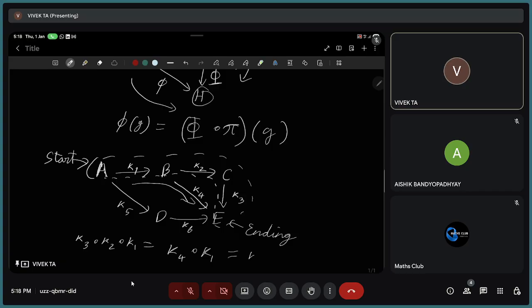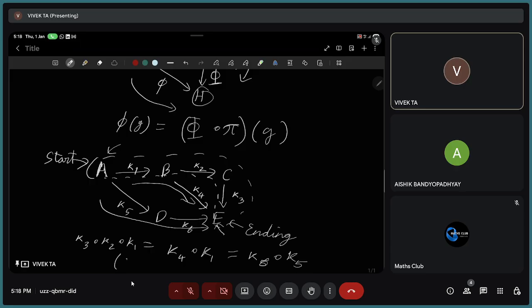And this should also be equal to K6 composed with K5, which is this path. So essentially, whatever path you take, it should give you the same value for a given input. The input will always be from A, and the output will be from E.